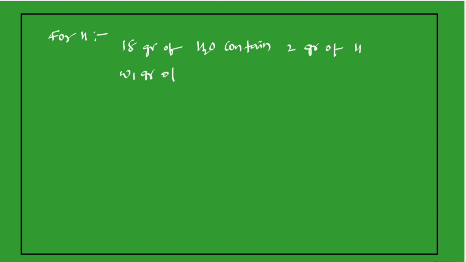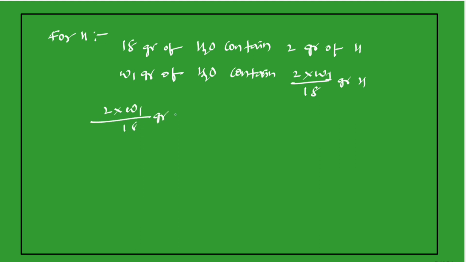W1 gram of H2O contain 2 into W1 upon 18 grams of hydrogen. Now, 2 into W1 upon 18 grams of hydrogen is present in the organic compound.